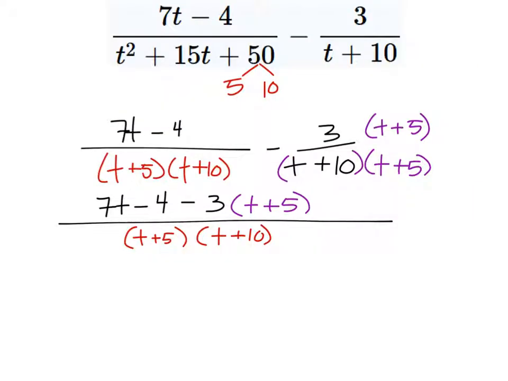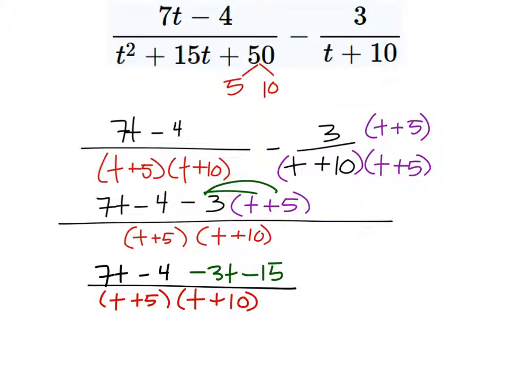All right, now what I'm going to do is distribute this negative 3 into this set of parentheses. And yes, it is a negative 3. So that would be negative 3 times t, which is negative 3t. And negative 3 times 5 is negative 15. The rest of it stays. And now we're just looking to combine like terms once again. And I have like terms with my t's. I've got 7 t's minus 3 t's, which would give me 4 t's.